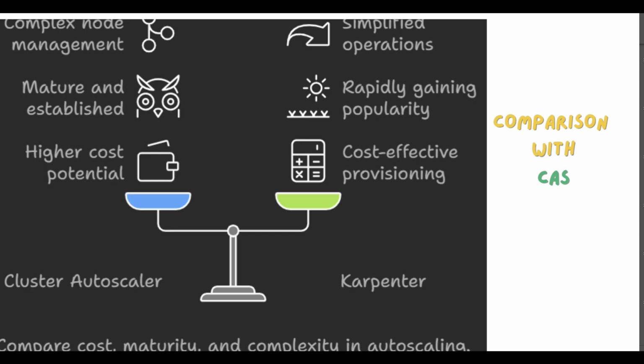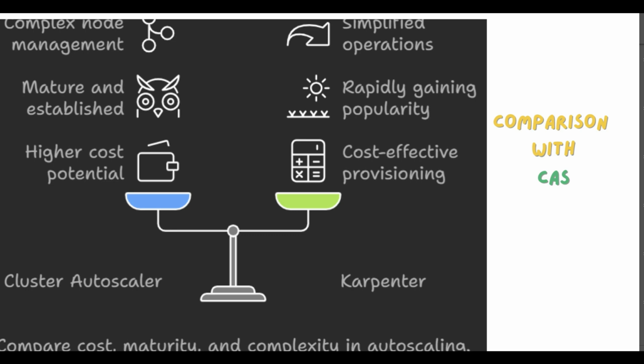And coming to cost optimization, cluster autoscaler may lead to higher cost due to less efficient bin packing and the potential for over provisioning, as it scales based on node group configurations rather than specific workload requirements.